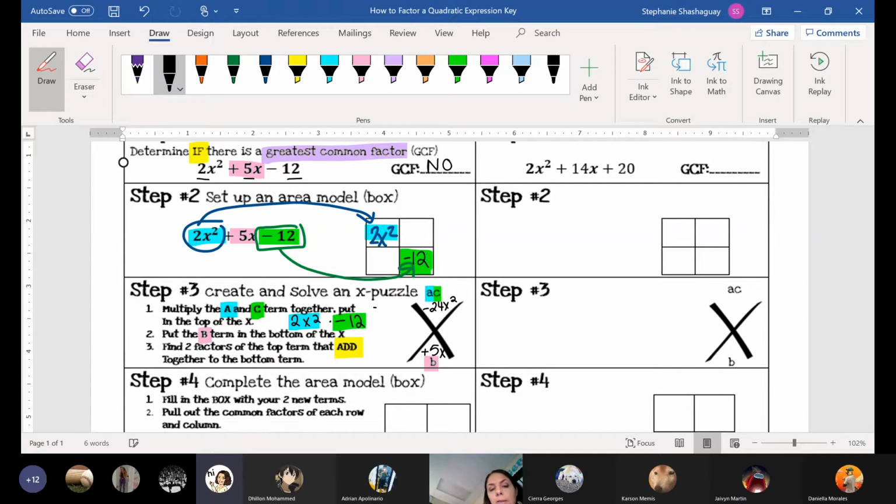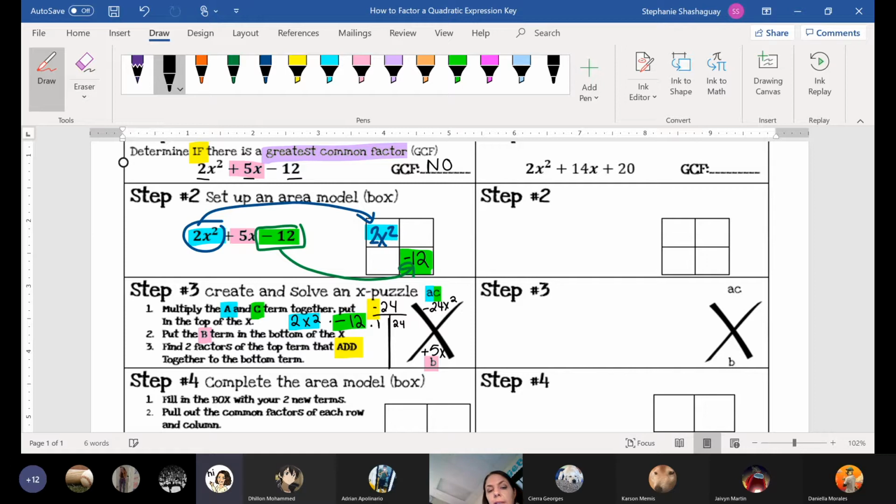So what I recommend doing is writing your top term, negative 24, and we're going to make a T-chart of all the factors of 24. So we have 1 times 24. Oh, and we need to remember that we have a negative, sorry. We have a negative 24. So one of our numbers is going to have to be negative.